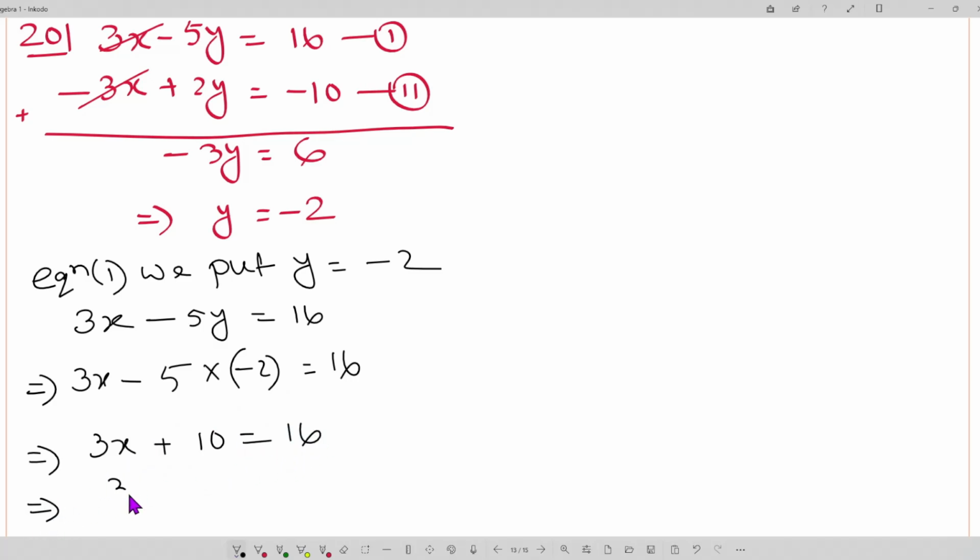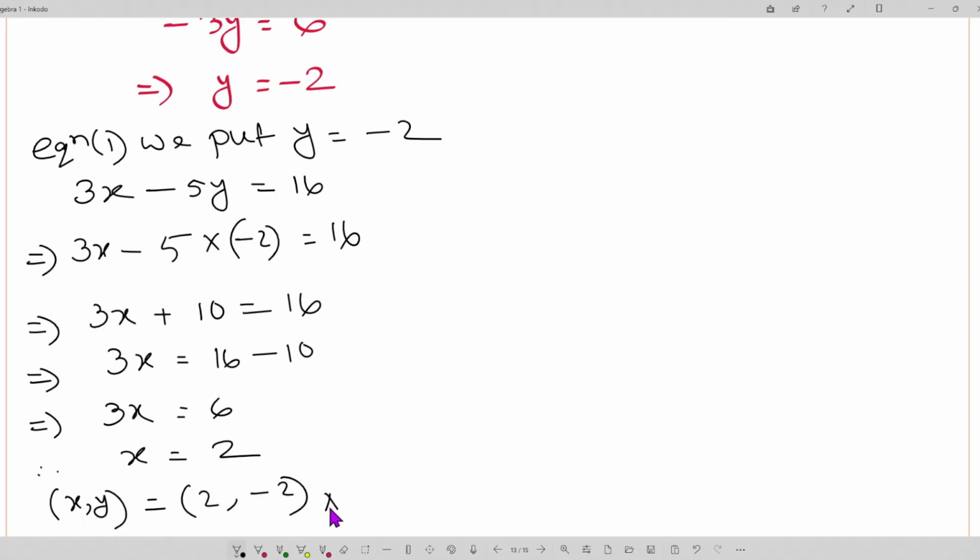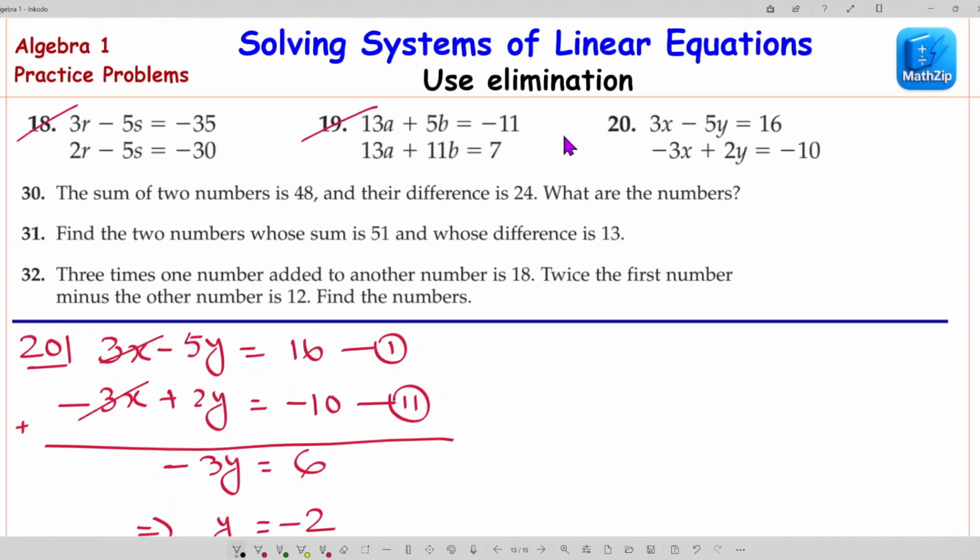Then 3x equals 16, and this plus 10 becomes minus 10. Now here is 3x equals 16 minus 10, which is 6. So once we divide both sides by 3, x equals 2, right? So x equals 2 and y equals minus 2. This is our answer. So number 18, 19, 20 done.